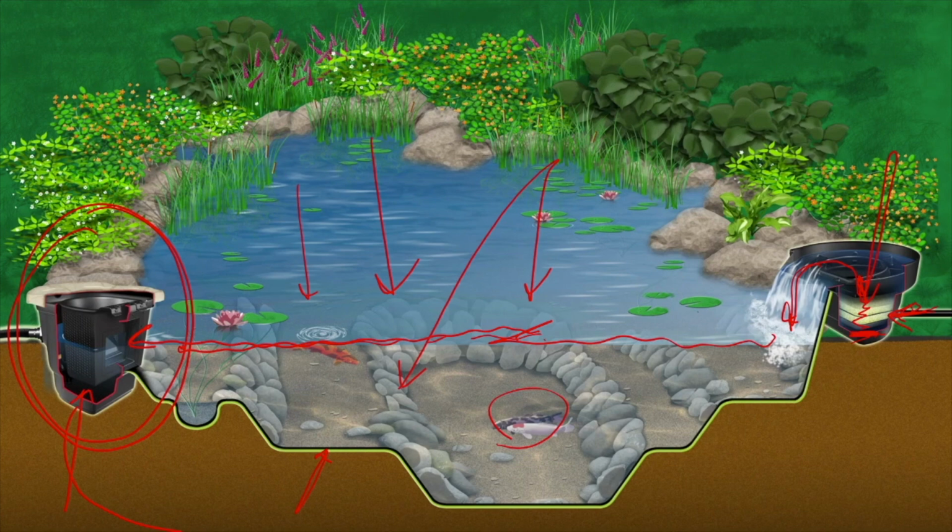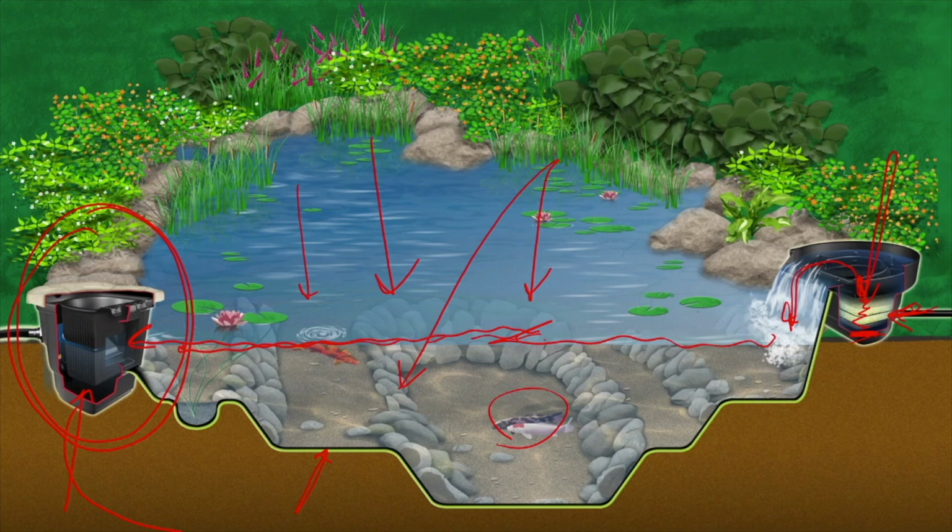When we start talking about an ecosystem, remember right from the very beginning, it's an interacting community of organisms with their physical environment as well as the surrounding atmosphere. So that physical environment, that rock and gravel substrate, is very, very important because it's going to be teeming with life. It's going to have stuff living all through it.